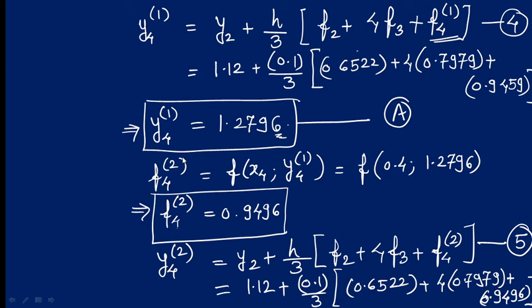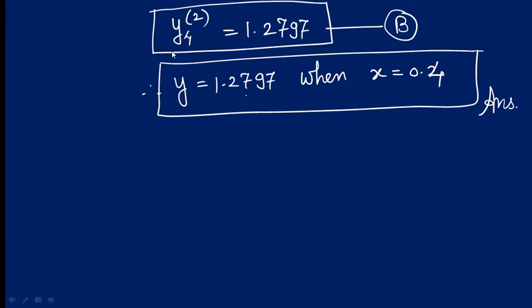Now we have to find out f4 of 2 and then y4 of 2. We substitute y4 of 1, that means 1.2796, instead of the predictor value y4 of p. Its value is 0.9496. Similarly, we find out y4 of 2. Here the formula is the same, but only the last term, instead of f4 of 1, we substitute f4 of 2 and find out the y4 of 2 value.